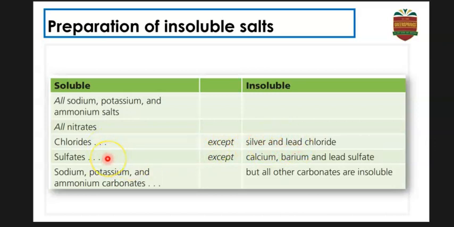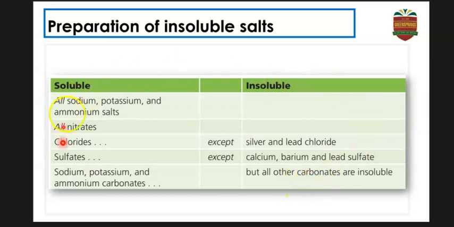All sulfates are soluble except calcium, barium, and lead sulfate. All sodium, potassium, and ammonium carbonates are soluble. Any other carbonates are what? Insoluble. For example, magnesium carbonate, aluminium carbonate, lead carbonate, and all that will be what?